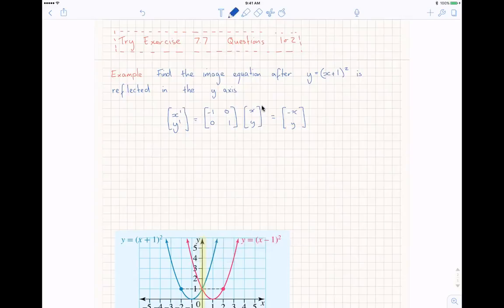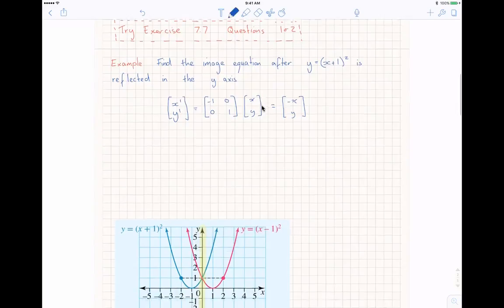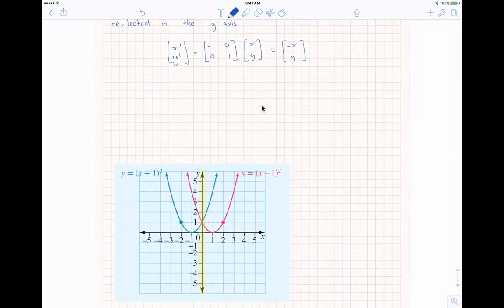So the transformations to each of the points in the parabola are going to be the same. So if we write out, similarly as we did when we were doing the translation matrix, the image of each coordinate. So our (x', y') is becoming (-x, y).